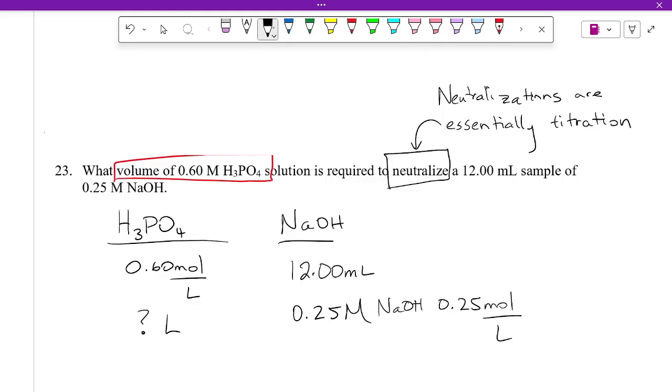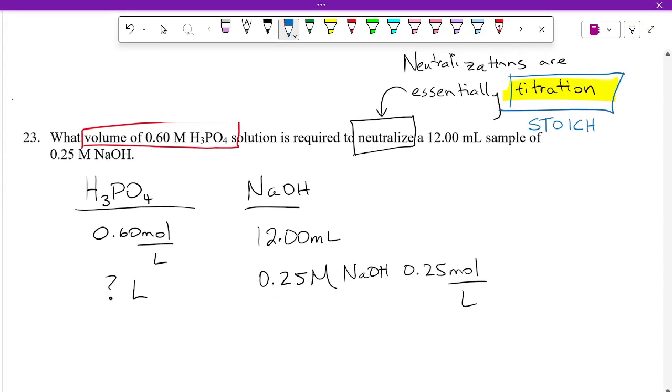And what tool do we use to do a titration equation? We just use stoich. Okay, so for titrations, you use stoichiometry.